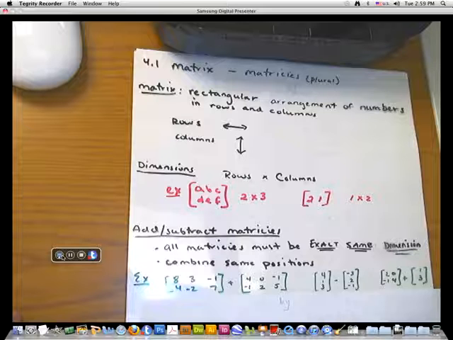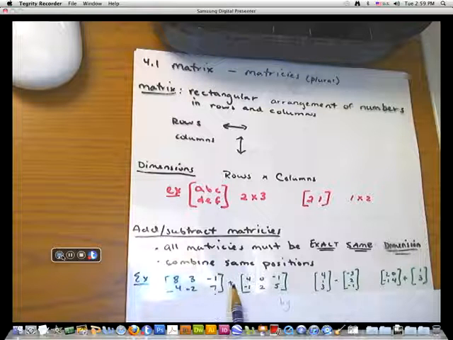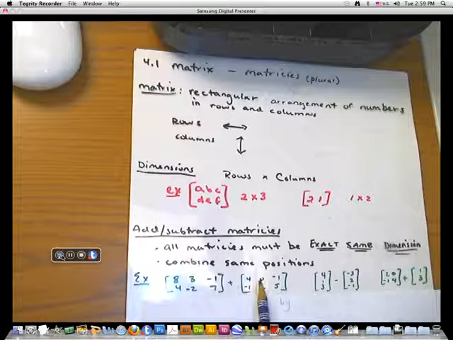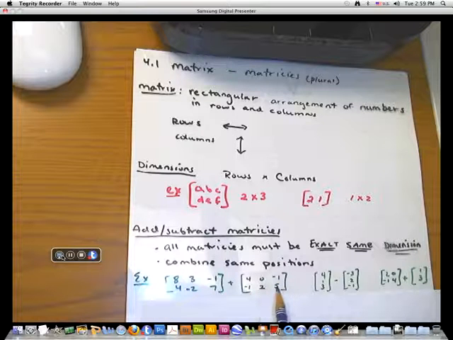So here I have 3 examples. First example has 8, 3, -1, 4, -2, 7. And we're going to add that to the matrix 4, 0, -1, -1, 2, and 5.